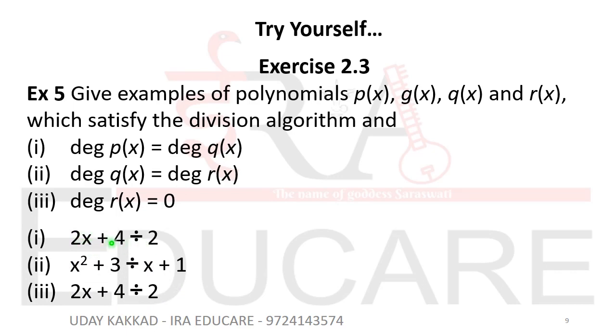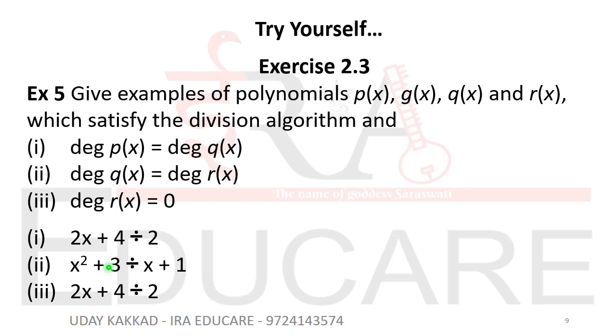If you divide this polynomial by 2, then the quotient you get always has the same degree as your p of x, meaning your dividend, right? Here the degree of q of x is equal to the degree of r of x, meaning the degree of remainder and degree of quotient are the same. Okay, so these are examples, try it yourself.